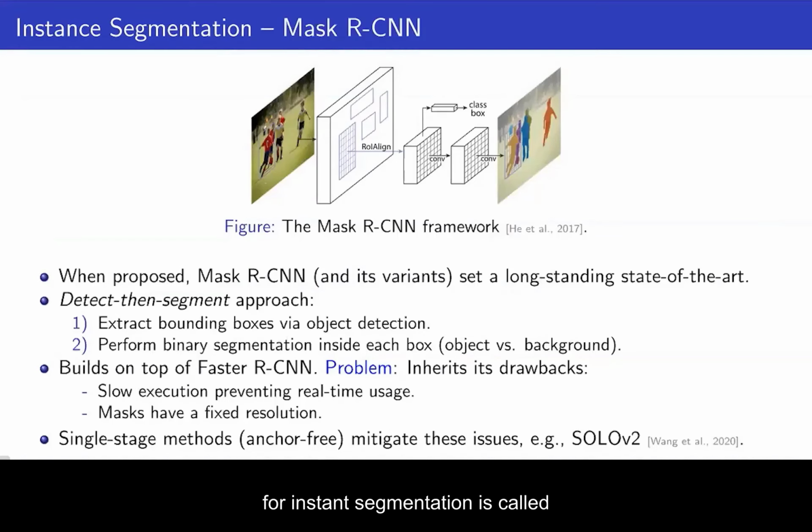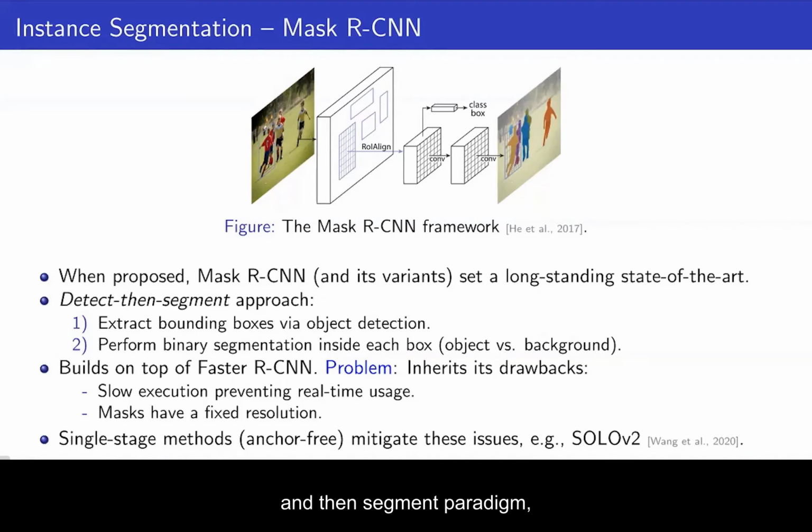One of the first architectures that was proposed for instance segmentation is called Mask RCNN. And Mask RCNN is basically an extension of Faster RCNN that we saw in the previous slides, with now a semantic module that can perform instance segmentation as well. And they do this in a single architecture.